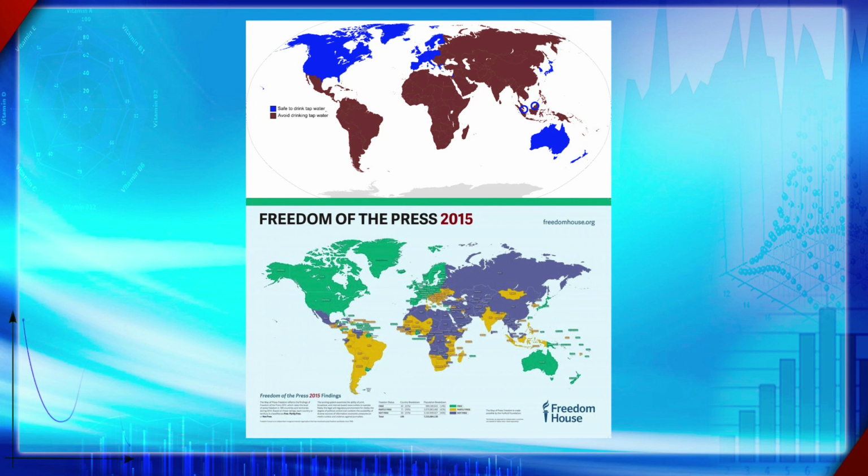Another graph here is a world map of the press freedom index of 2015. It can be 2018 as well, the latest data. This is just a way to represent extremely complicated data in a more accessible format. That is the purpose of data visualization.